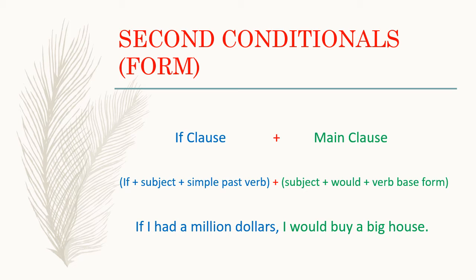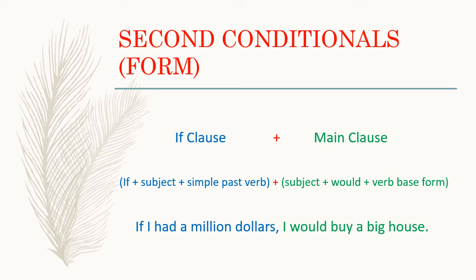the second and third conditionals, they are still part of the conditionals family. So, naturally, I mean, their pattern is the same. They have an if clause and a main clause, just like the zero and first conditionals. But this time, the form of the if clause and main clause is a bit different.